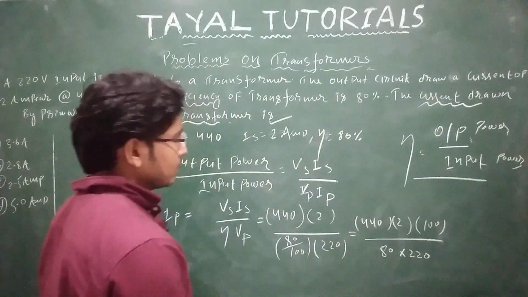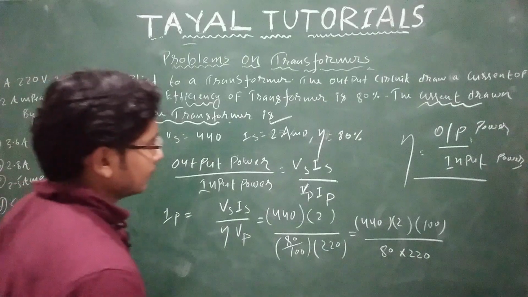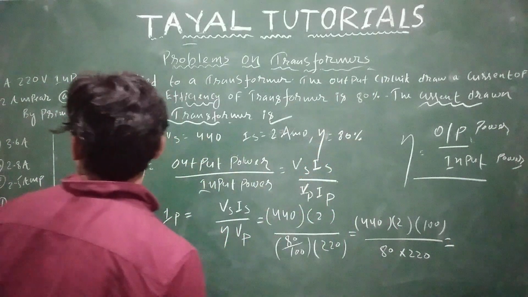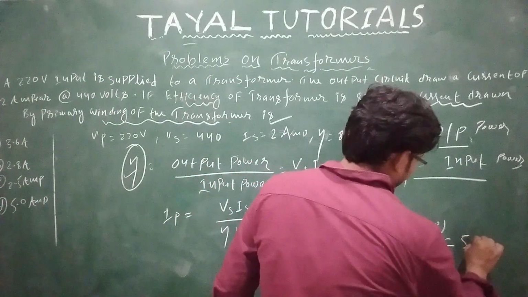When you solve, you will get some value. That value will be 5 ampere. After solving that, you will get 5 ampere. Option D will be the correct answer.